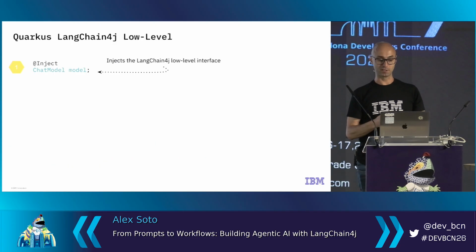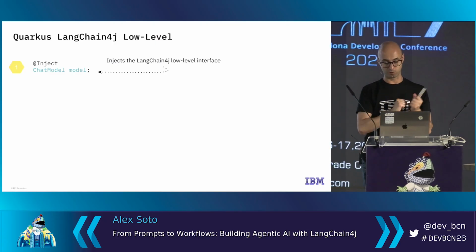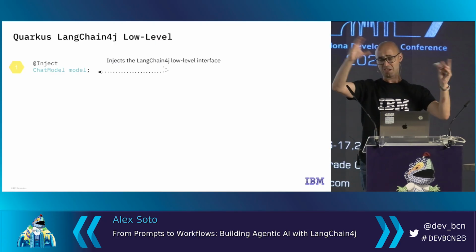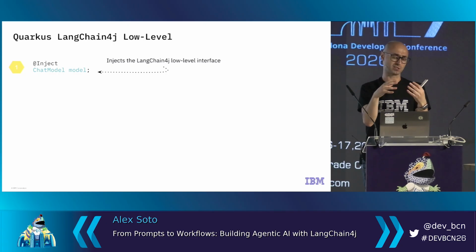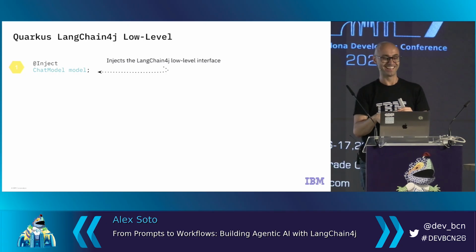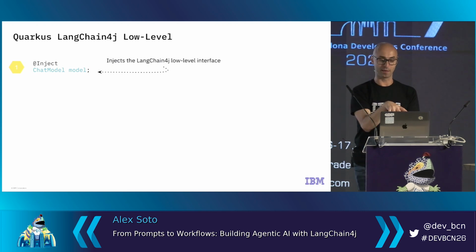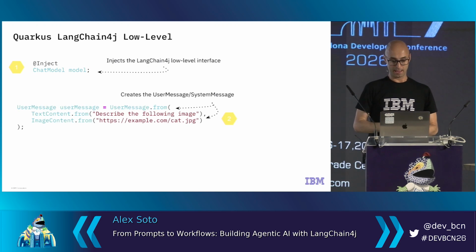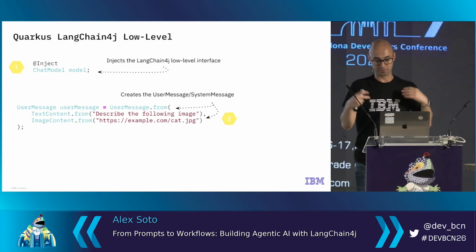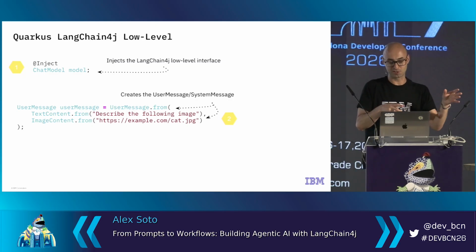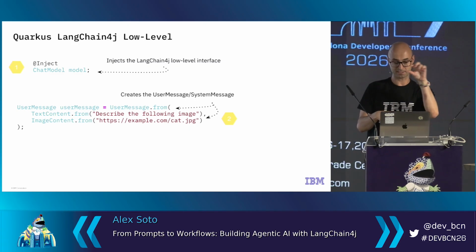Of course, we can use the low-level API, because what I showed you before is the high-level API. It's like, okay, create an interface, no access to the low-level stuff. Then, how can you do that? Basically with inject chat model. So I'm just injecting the low-level object. This basically lets you, for example, define the user message not with an annotation, but with a class. You say, hey, this is a user message from text and from an image.